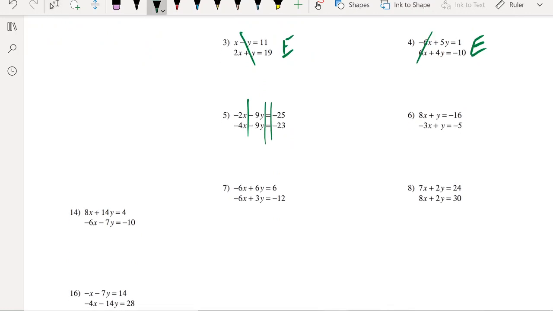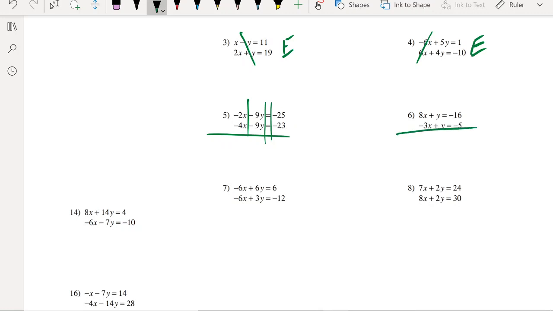But if I make one of these a positive, one of these a negative, then I can get it to eliminate. So you have to be careful with that. Make sure something eliminates. Otherwise, you just have another equation with x and y, and you don't need three equations with two variables. It's just an extra equation for no reason. Okay, so just be careful of that.